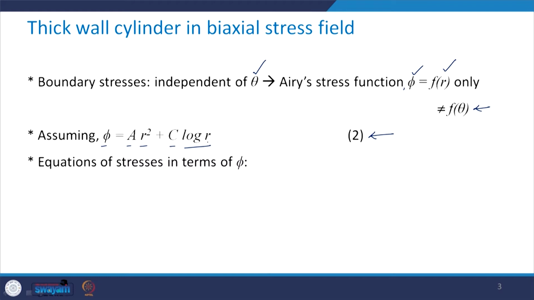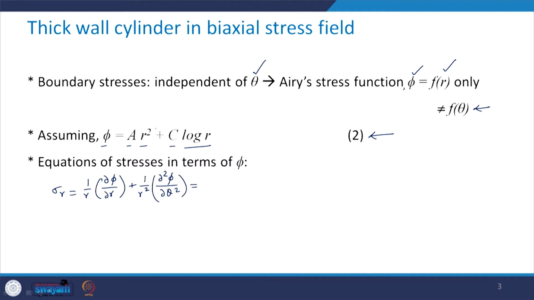So, what are going to be the equations of stresses in terms of phi? Let us see. These are: sigma r will be equal to 1 upon r del phi del r plus 1 upon r square del 2 phi del theta 2.